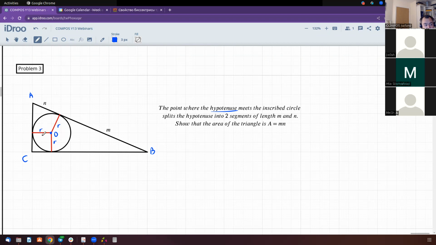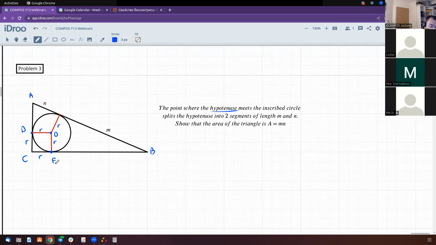And we know that the radius is perpendicular to the tangent. That means this is a square. This is R and this is R. Well, we'll need to prove that, but you can say that, let's do it strictly. Okay, let's not skip steps.